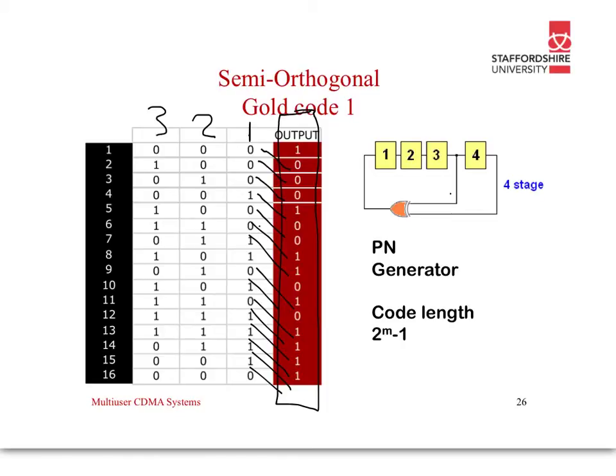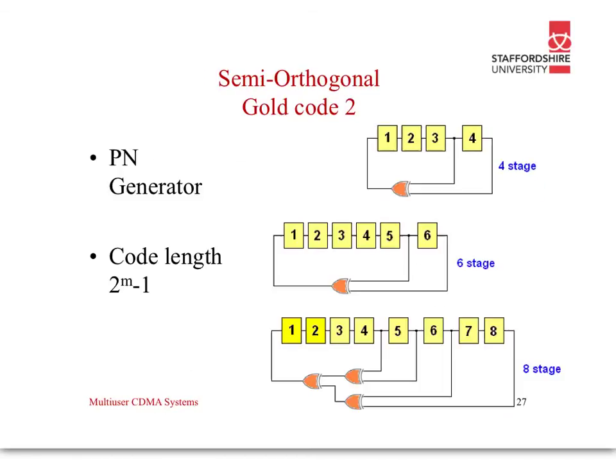So to make this more orthogonal, we can increase the number of stages, first of all. In this case, we've got a 4 stage, which is the same, a 6 stage and an 8 stage. So the length of the 6 stage, the time before the code repeats itself, is 2 to the power of m, take away 1, so 2 to the power of 6, take away 1, so it's much greater, and 2 to the power of 8 minus 1 for the third one.